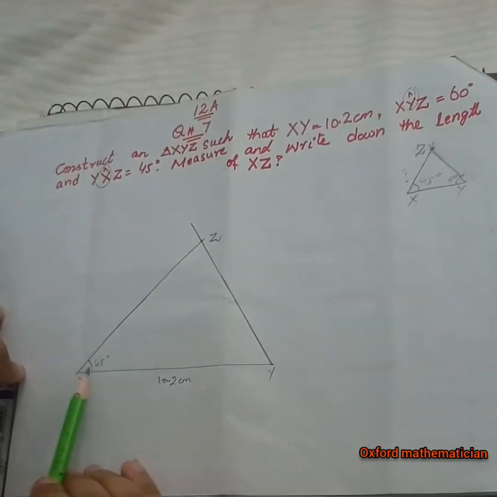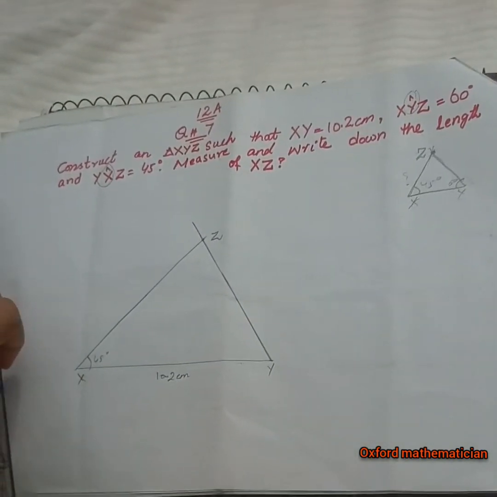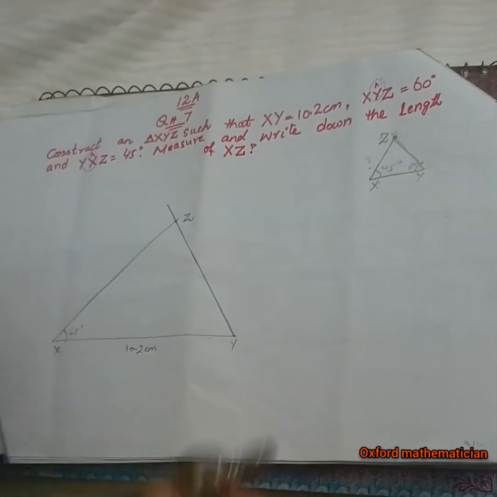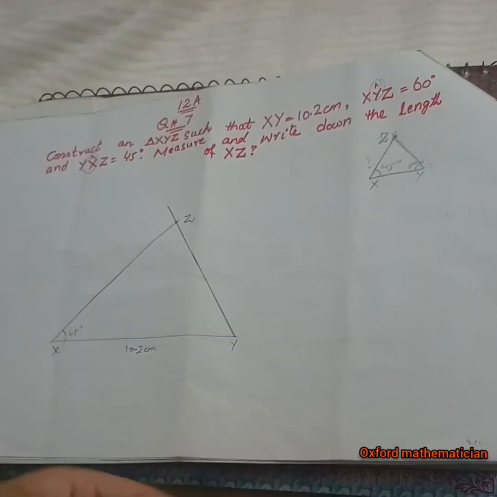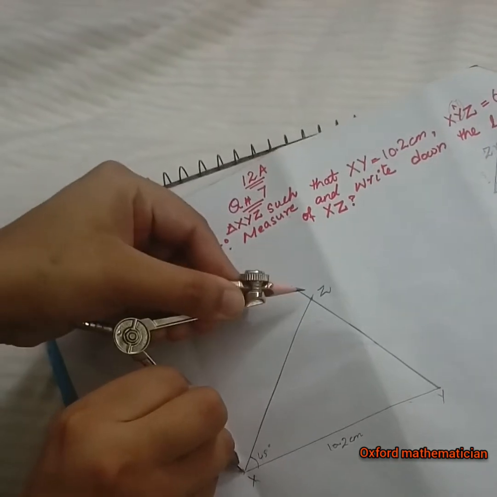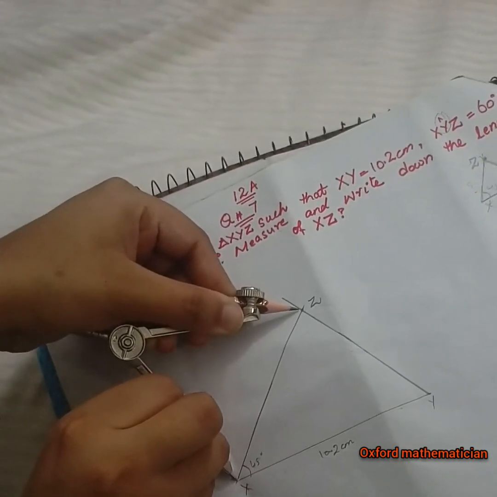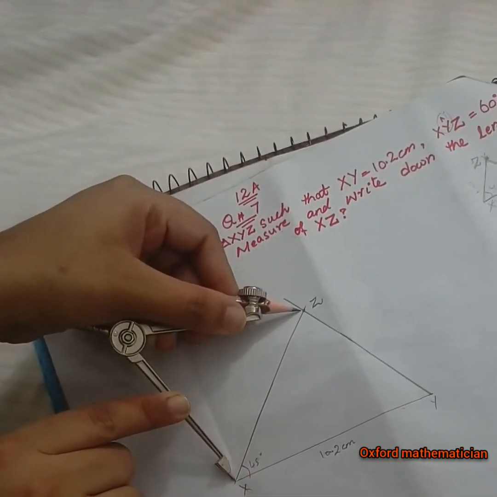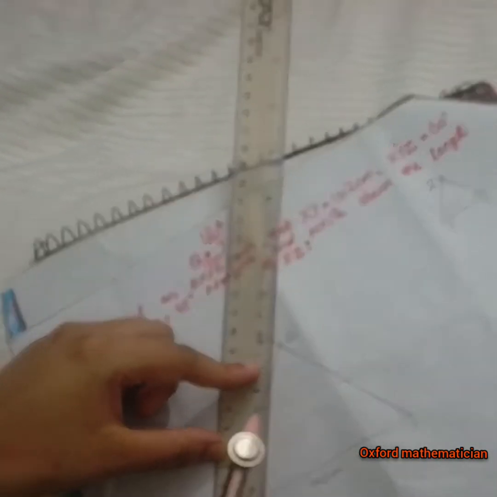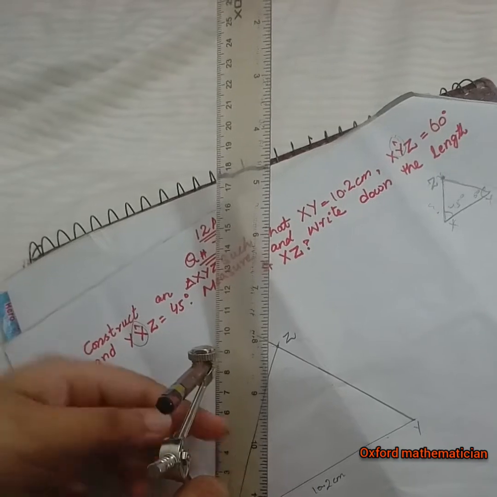Okay, now we measure it with the compass. Here is the compass, and here we have to measure X and Z. Here is X and here is Z. Now we measure it and then compare it on the scale.